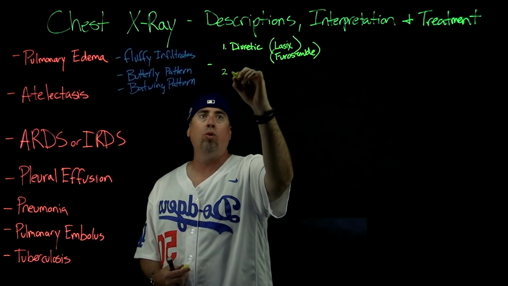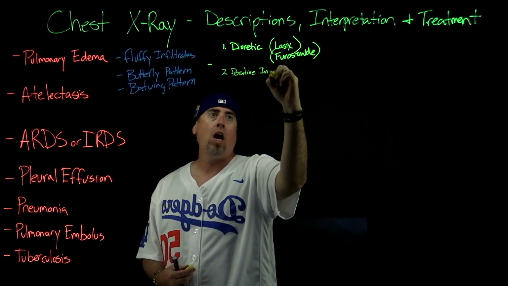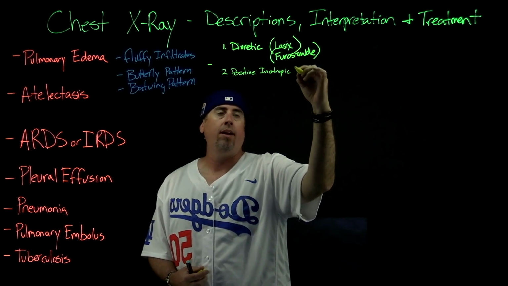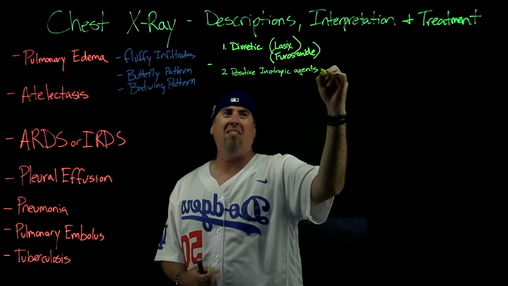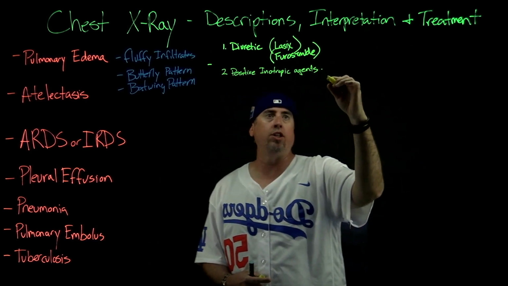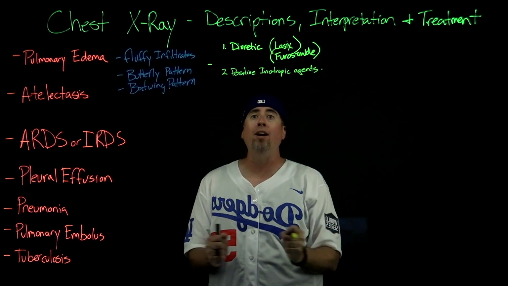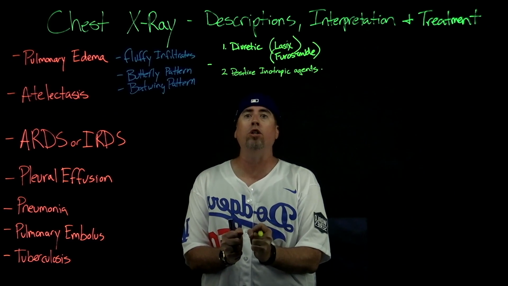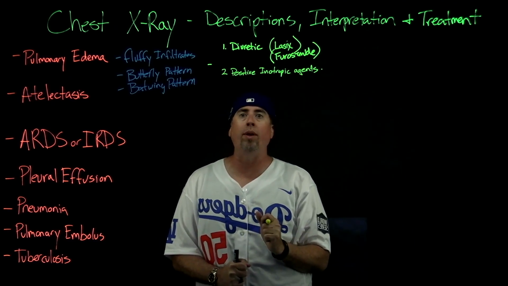Now, number 2 is positive inotropic agents. And what are positive inotropic agents? Basically, these increase myocardial contraction strength, so the strength of that heart contraction is stronger when you give positive inotropic agents.